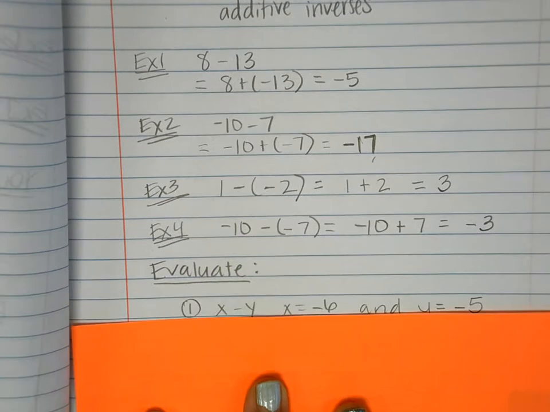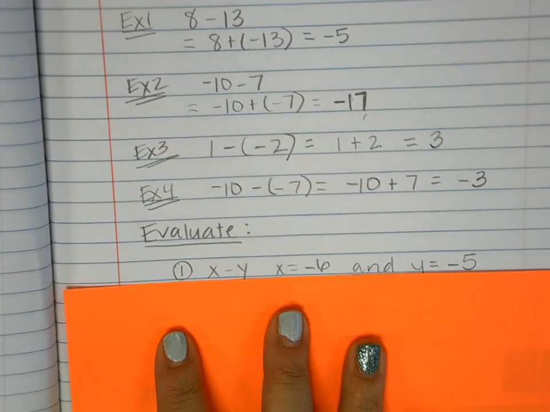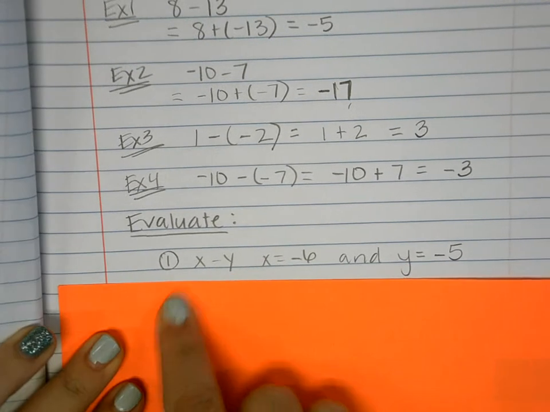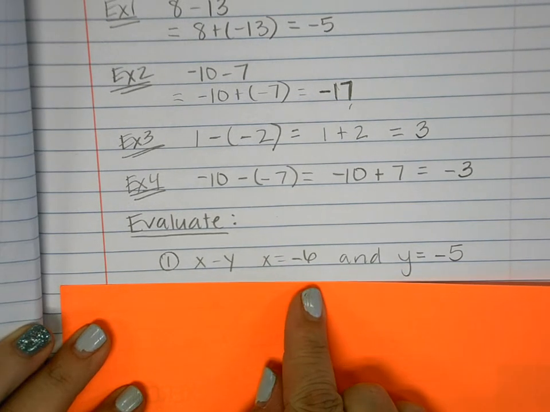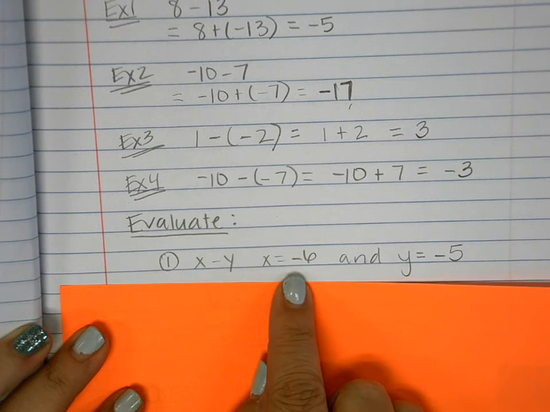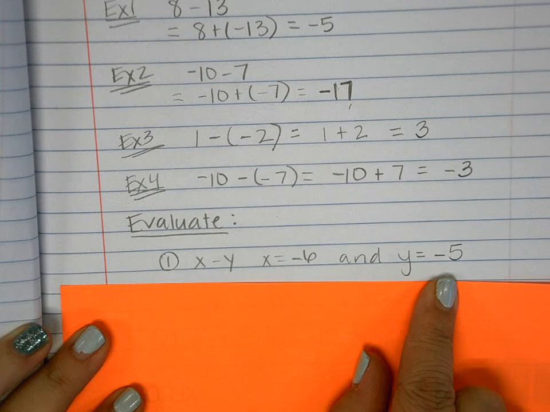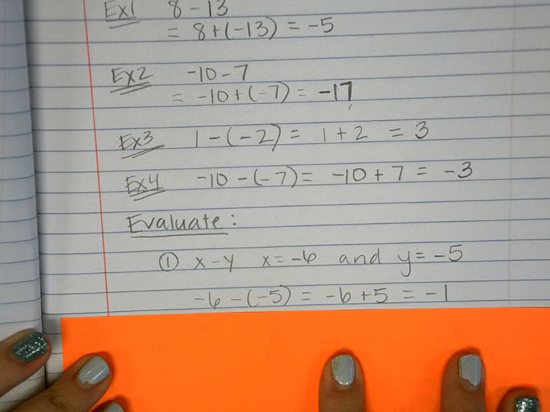All right, so sometimes you'll be given these things that say evaluate. I know you did this in elementary school. They'll say x minus y, and you have to plug in the numbers. Remember these? You did these probably back in second and third grade. So we plug in negative 6 for x, and negative 5 for y. We rewrite it like this.